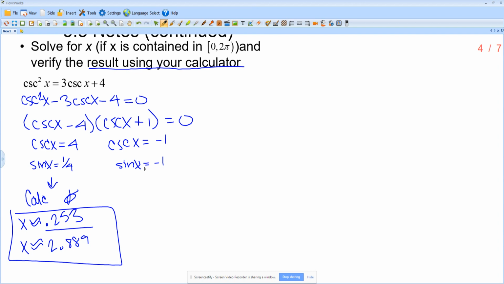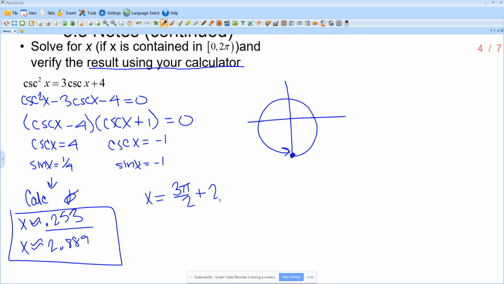Sine x is equal to negative 1. Now this is from the unit circle, so we can do that one. Sine being negative 1 is right here. That angle is 3 pi halves. It would repeat every 2n pi. However, we're looking for only the answers between 0 and 2 pi.